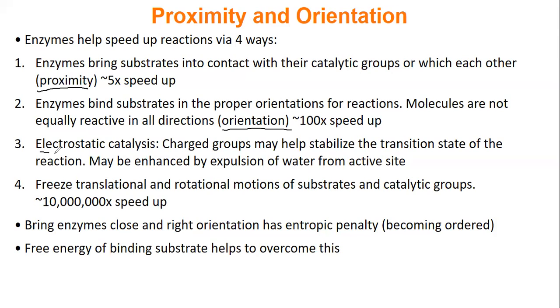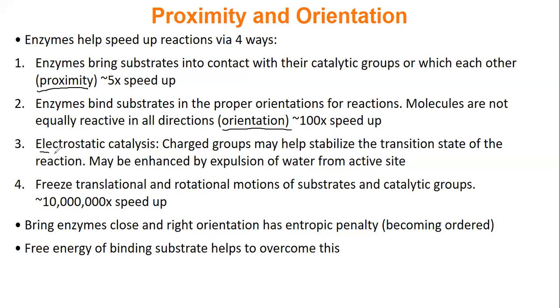And it's at those speeds that we really need for life to happen. Now, doing these actions, taking your molecule and freezing it in place, that is a very ordered molecule. And remember, the universe hates order. The universe loves chaos. So there is an entropic penalty to this and to becoming ordered.